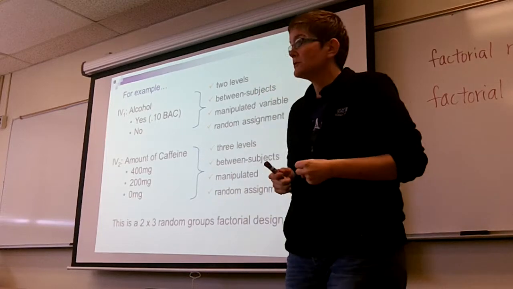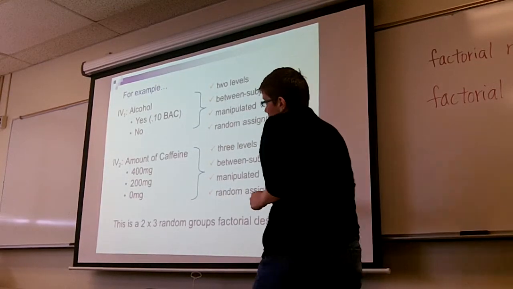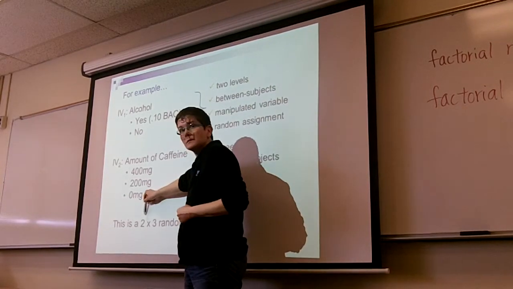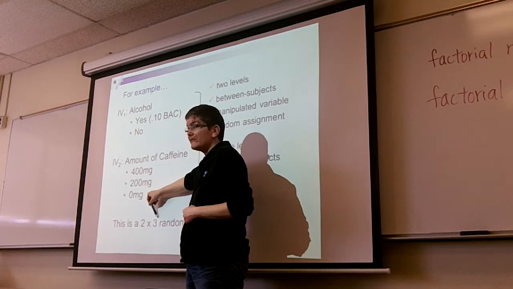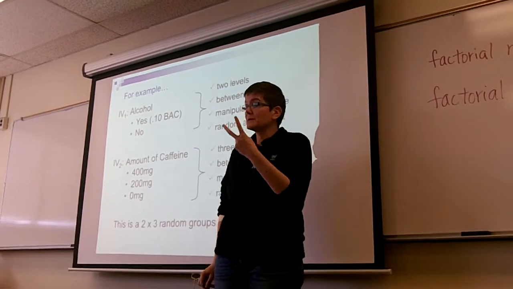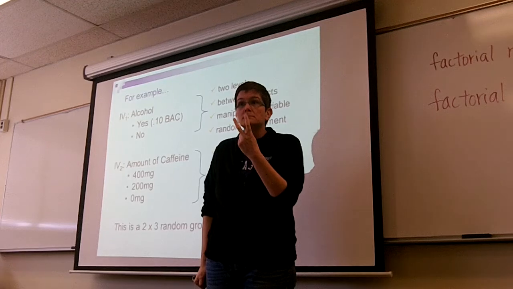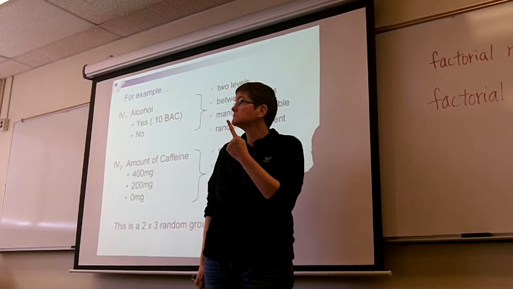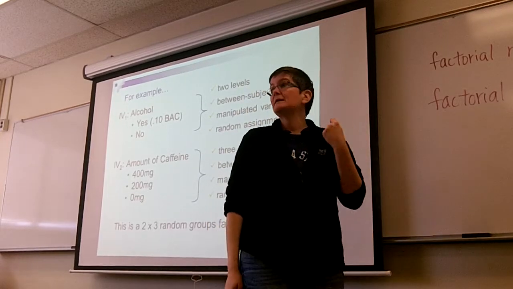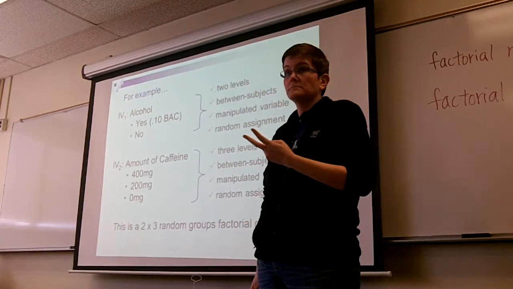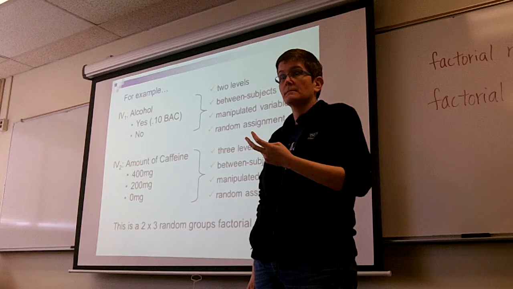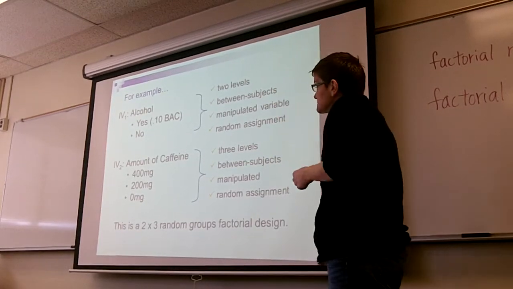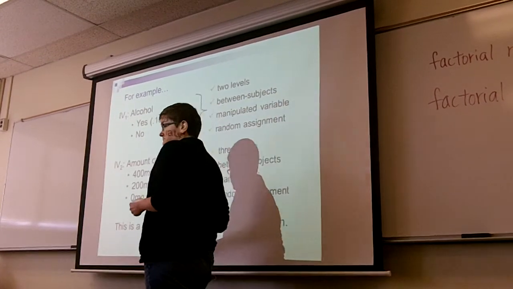Okay, that's the factorial notation. You're always going to have one number for each IV. So we've got two IVs, that means I'm going to need two numbers. The first number is going to tell me how many levels are in the first IV. The second number is going to tell me how many levels are in the second IV. So 2 by 3.